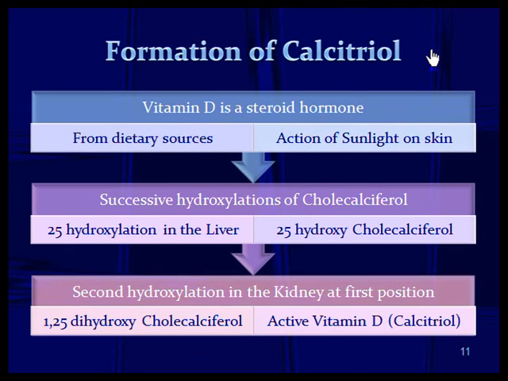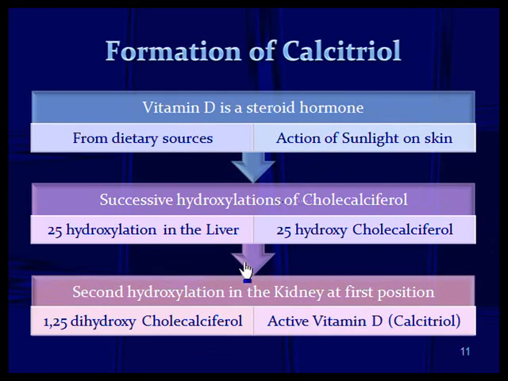This is to just reinforce what we have seen in the previous slide. Formation of the calcitriol, or the vitamin D3 active form. Vitamin D is a steroid hormone, either from the dietary sources or from the action of sunlight on the skin. It requires successive hydroxylations of this cholecalciferol.